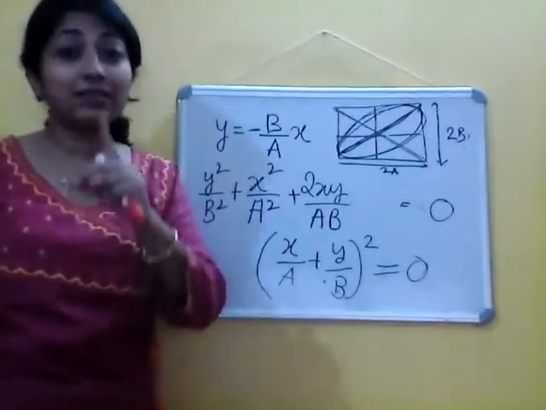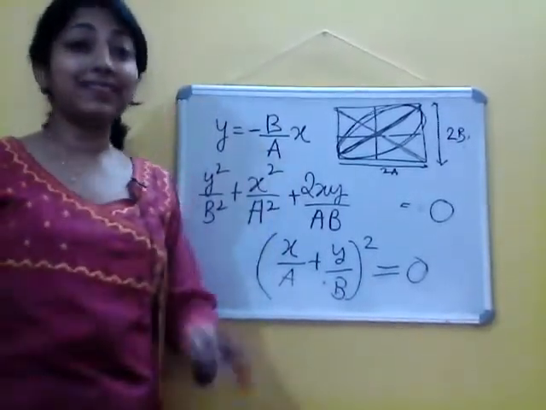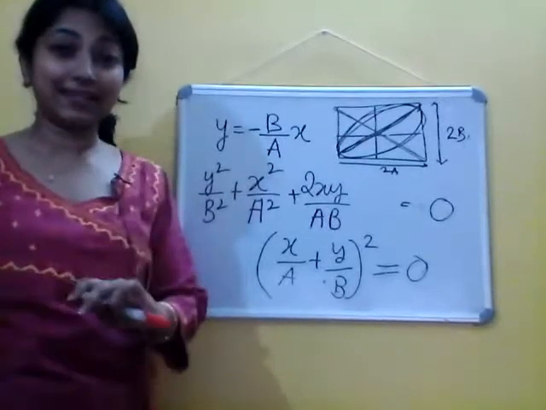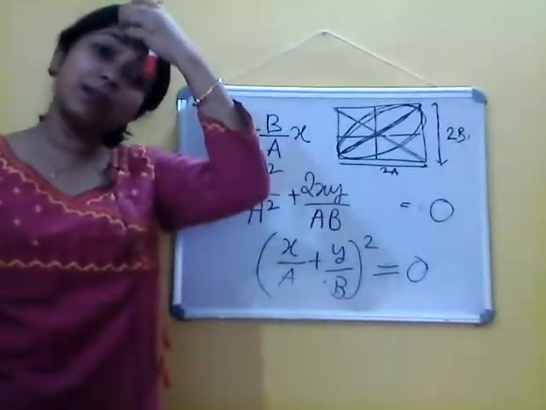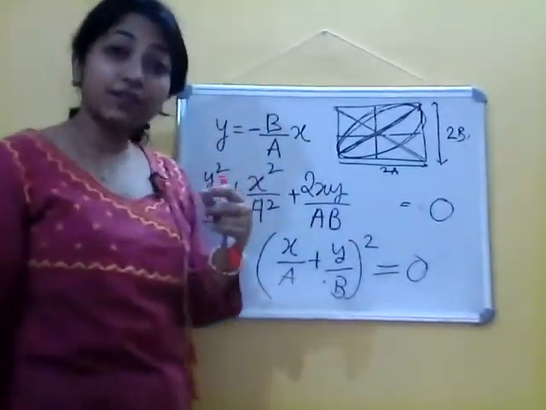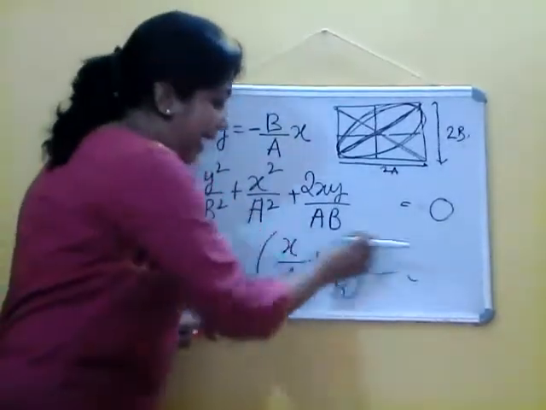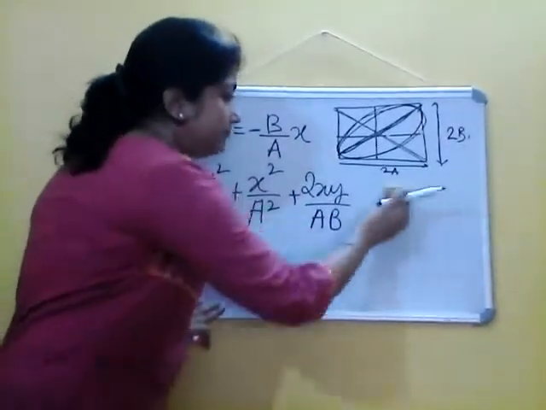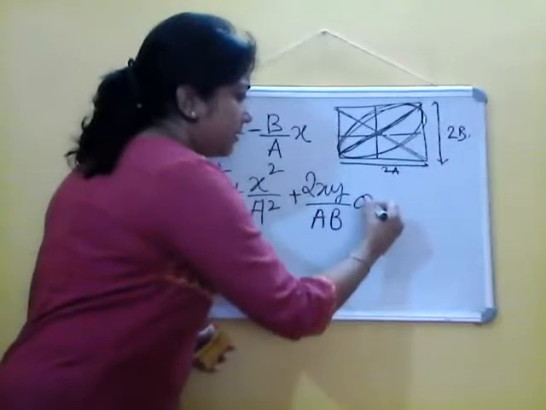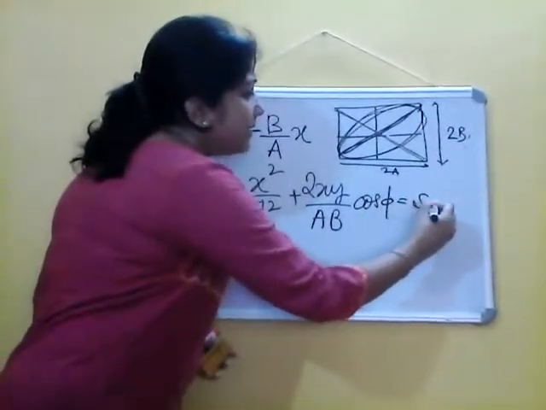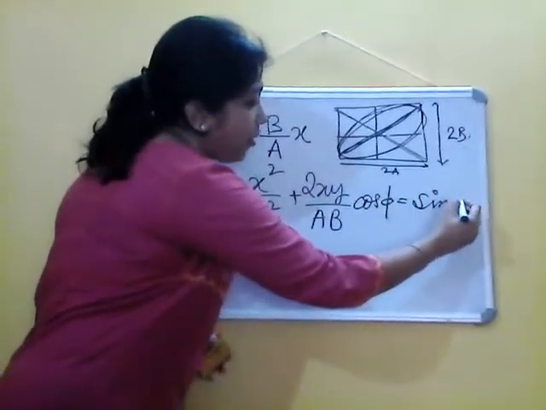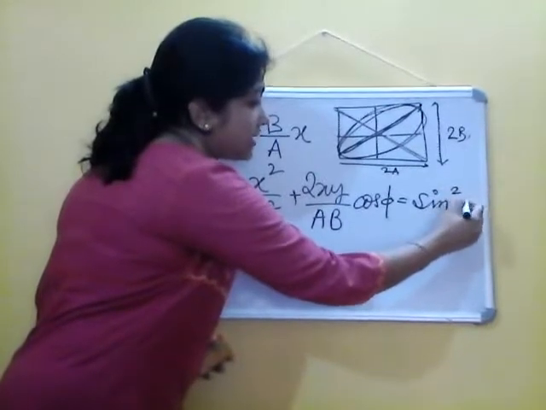Fine. Now the last thing which I want you all to see would be the circularly polarized light. Before I go into circularly polarized light, the condition which I want you all to understand and tell me about is when this phi will be 90 degrees or pi by 2. This was sine square phi, right?